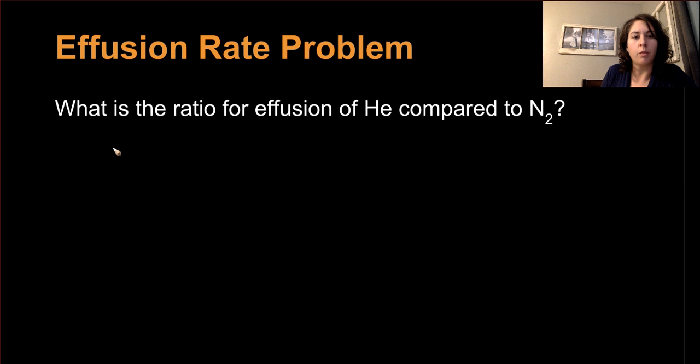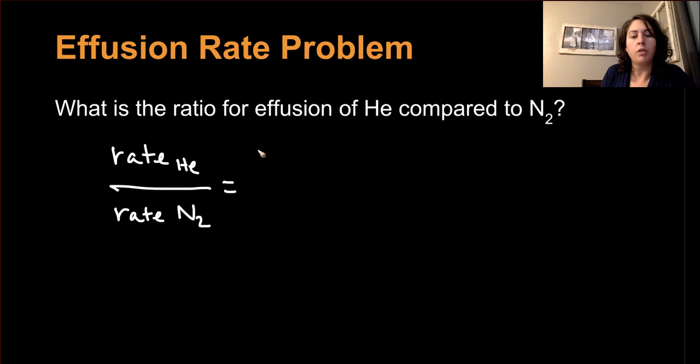We say that the rate of helium compared to the rate of nitrogen is going to be equal to the molar mass of helium. Not helium on the top, let's do that over again.